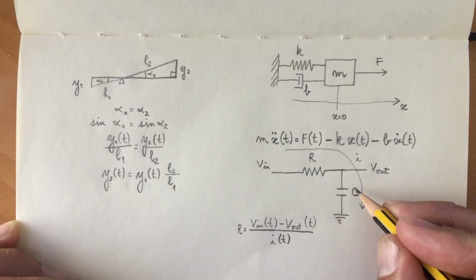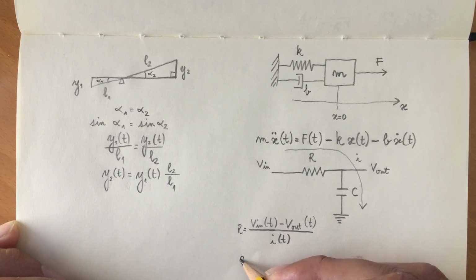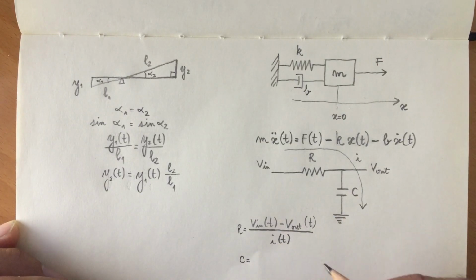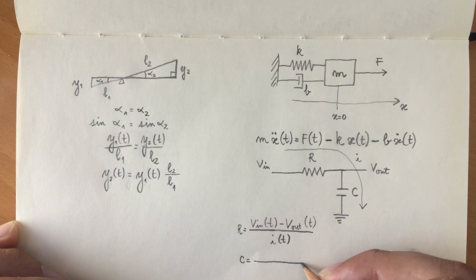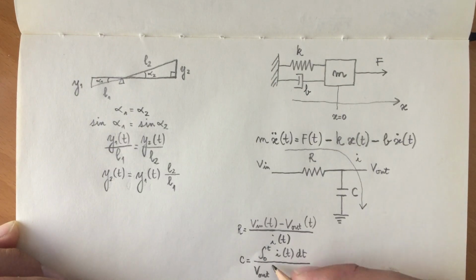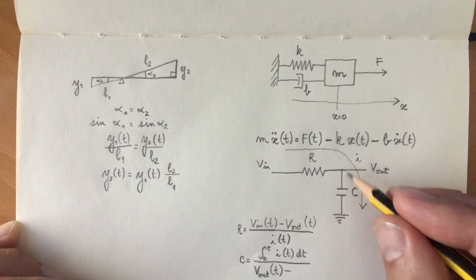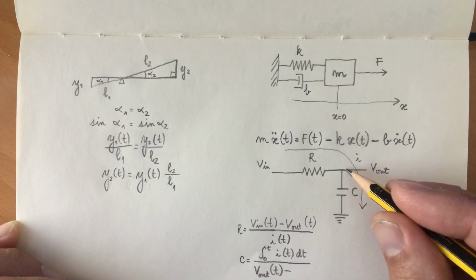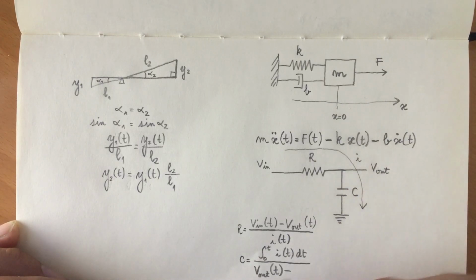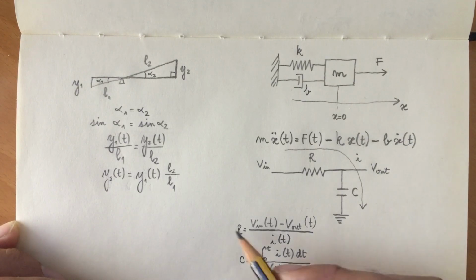Likewise, the capacitance of a capacitor is equal to a quotient. In this case, the voltage at the terminals of the capacitor will be Vout minus 0.